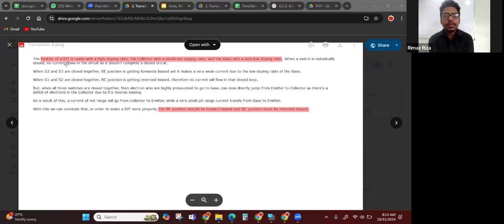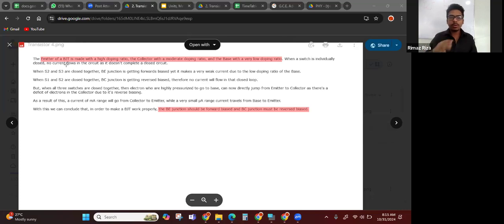So the highlighted parts are very important. The other things you can write down. I'll give you a minute. So it can be NPN or PNP. These two things must be satisfied for a BJT, bipolar junction transistor.